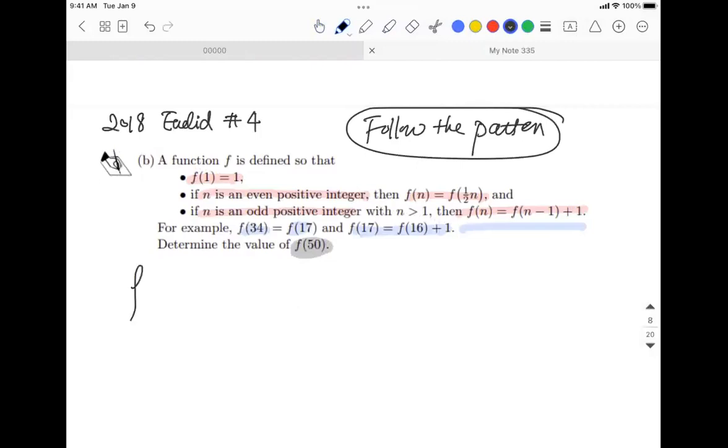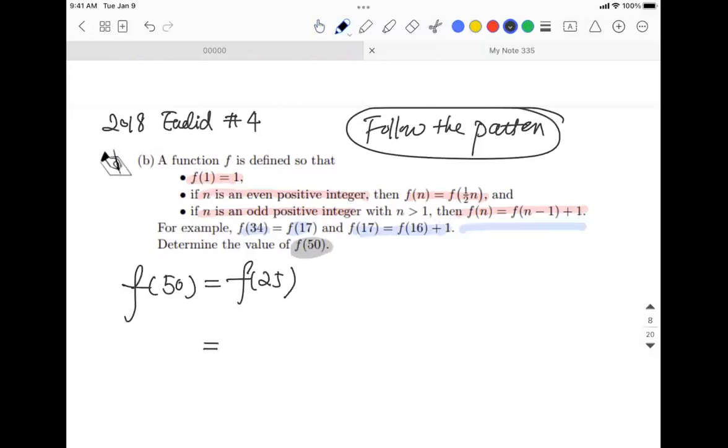Who can tell me the value of f(50) according to our definition? f(25). Is that right? So easy. f(n) equals f(n/2) as long as n is an even number. And what's the value of f(25)? f(25) does not equal 25.